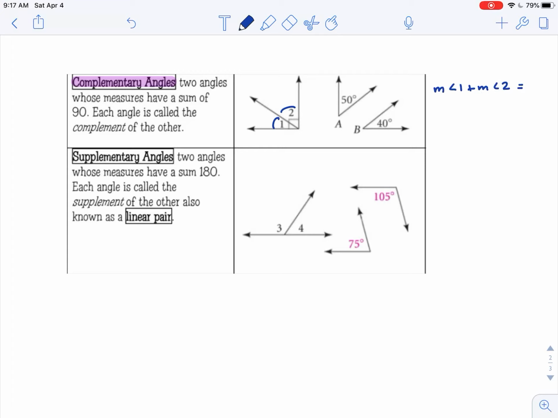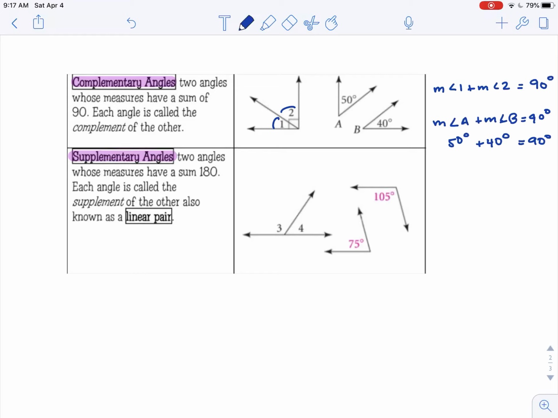Complementary angles tell us that if we add these two measurements together, we get 90 degrees. Same with angle A and angle B. They should equal 90 degrees. And if we look, 50 degrees plus 40 degrees does equal 90 degrees.